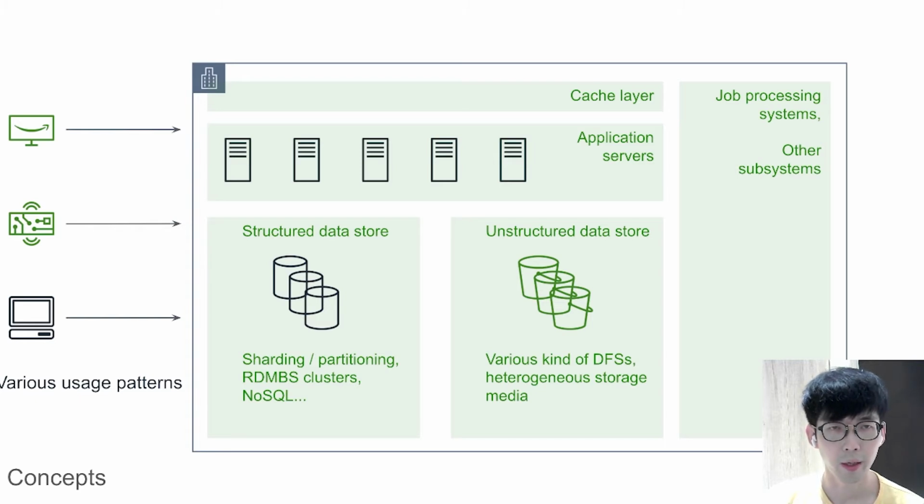We use sharding and partitioning to distribute load to different nodes. Also, we adopt distributed file systems to store unstructured data. There are some other subsystems for job processing and data analysis. This is just a very rough diagram, I know, just to give you an idea. I won't go through it deeply since today we focus on the mistakes we made, not how we succeeded.